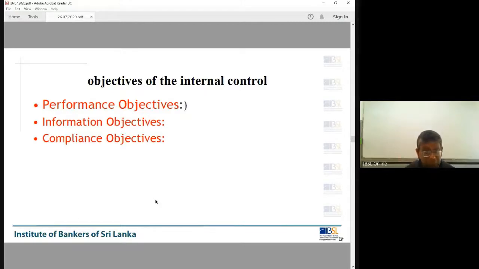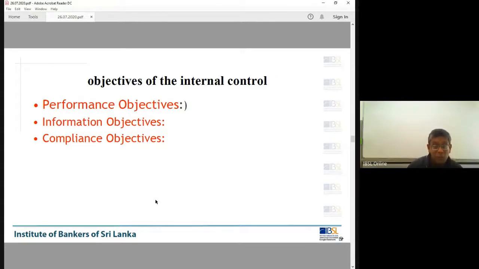Second, the information objective, right? As an organization we take a lot of decisions based on what? Based on financial and management information. If all this financial and management information is wrong, you can't take quality decisions.